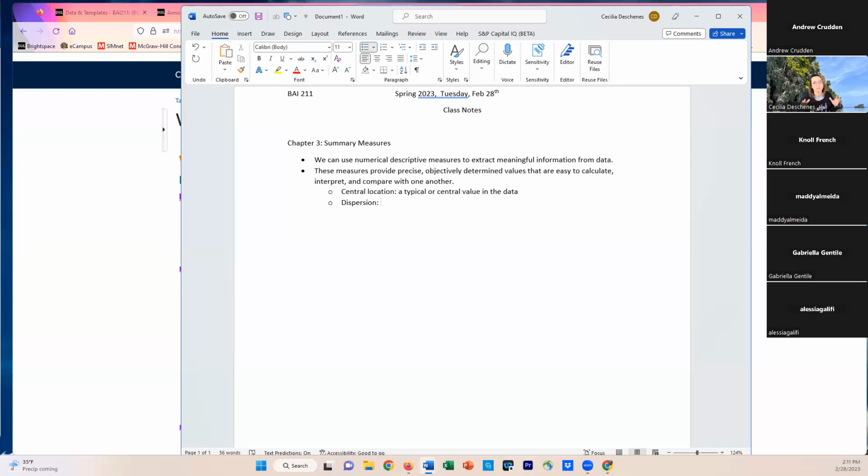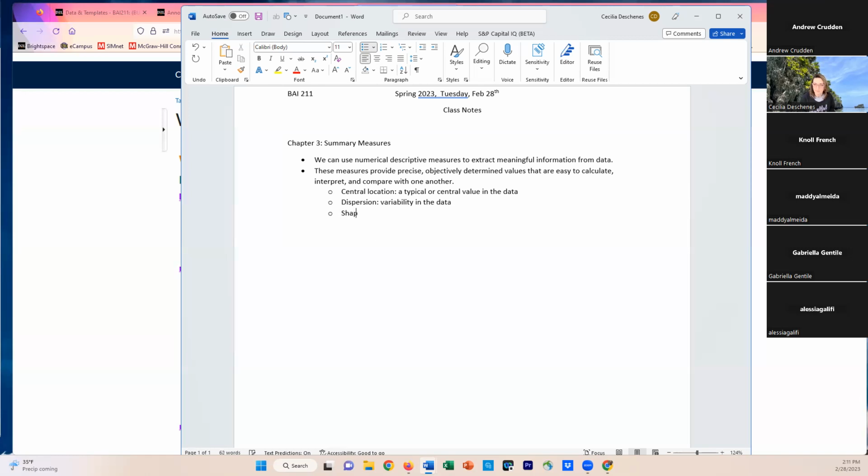Because if your data is really dispersed, and I go back again to the static on the radio signal, it's like you can't really hear the signal if there is one there as well. So these measures become really important to us. We want our data tight. So this is the variability in the data.